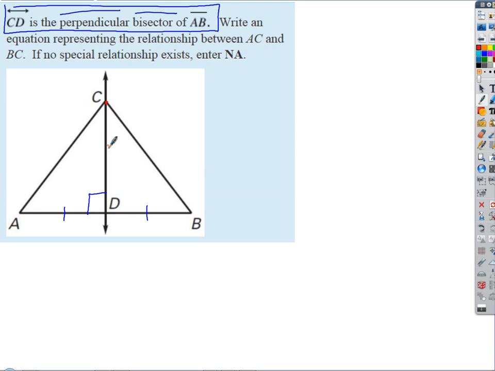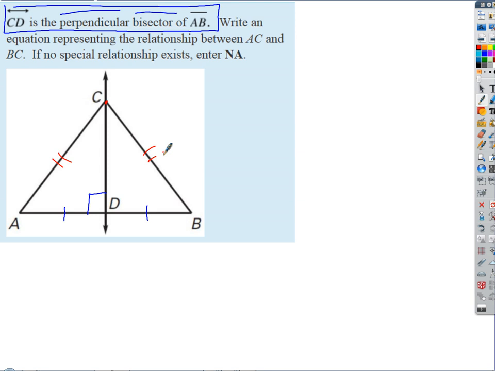Okay, good. In the wording of the actual theorem, we would say that point C, if it's on the perpendicular bisector, is equidistant from the endpoints of the segment. So how would we finish this up?